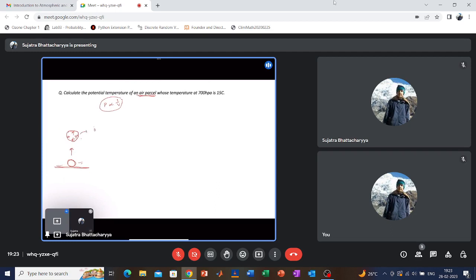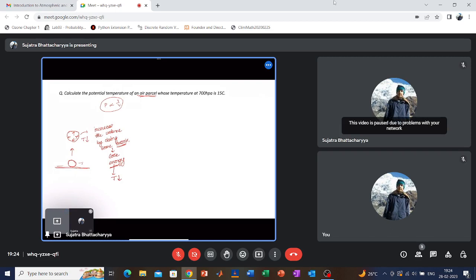It will increase the volume by doing some work, and this work done will lose some energy. If kinetic energy is lost, then temperature dips down. So as the parcel goes up, temperature decreases. Fine.